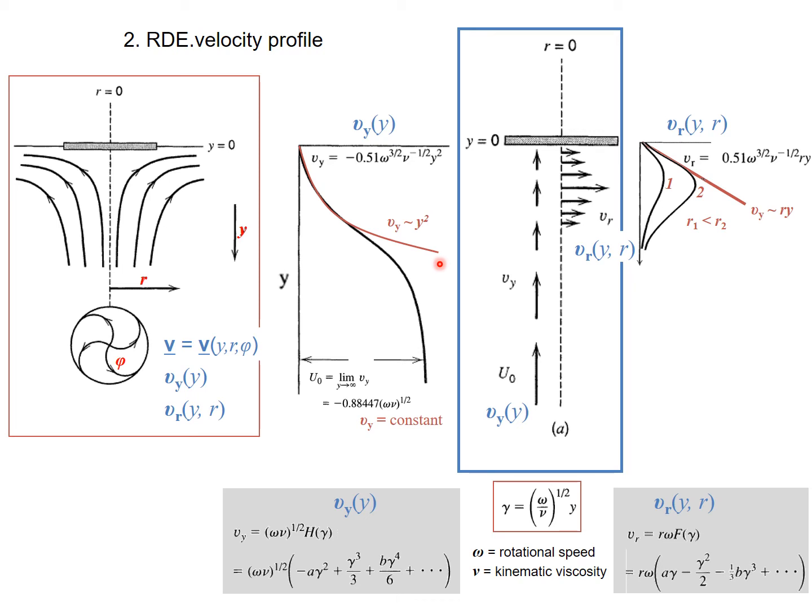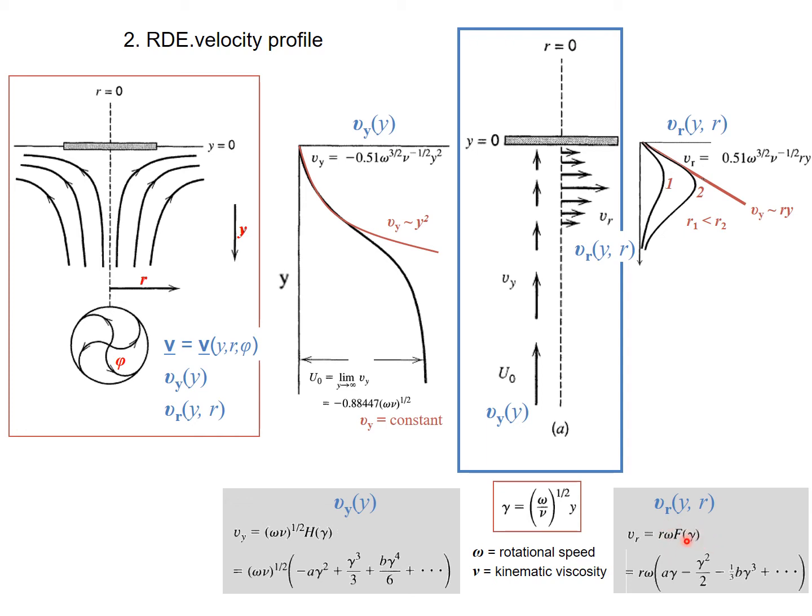That is the y directional velocity profile. How about the radial velocity, which is a function of y and also radius? V sub r is equal to r, the radius, times omega, the rotational speed, times a function of gamma.